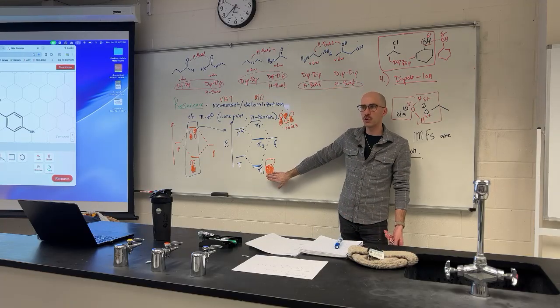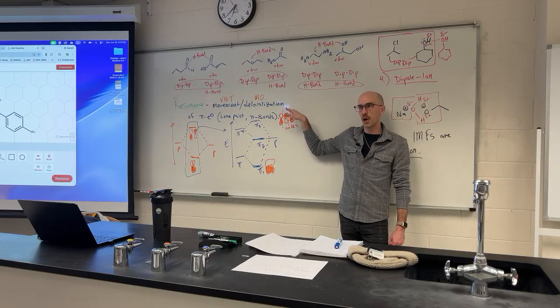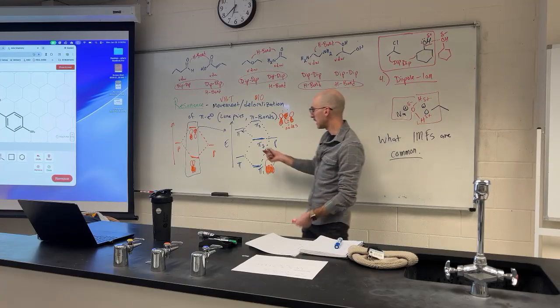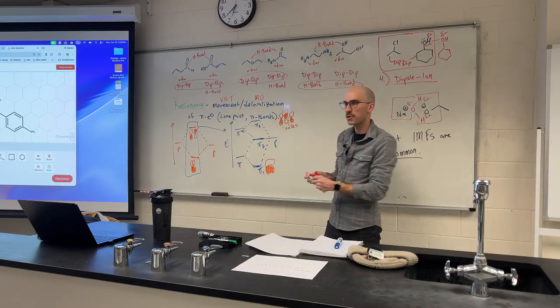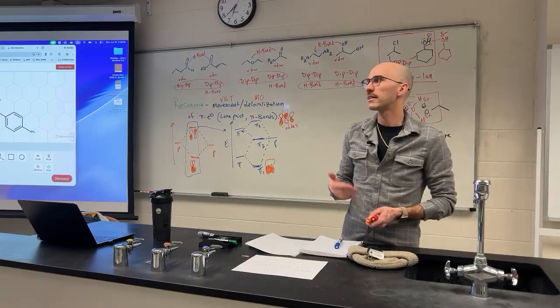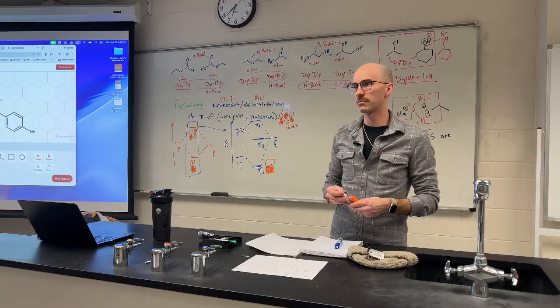I've gone from 0 nodes in my lowest energy to 2 nodes in my highest energy. So what you can see is that energy increases with nodes. The more nodes that are present, the higher the energy of the system.